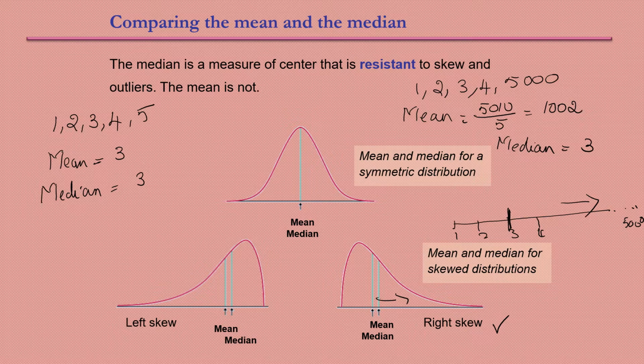On the other hand, if I have an outlier on the left side, the mean will be pulled towards this outlier. So in this case, your mean will be less than the median. If it is a symmetric distribution, the mean and median coincide. For a right skewed distribution, the mean will be pulled towards the right. If it is left skewed, the mean will be pulled towards the left.